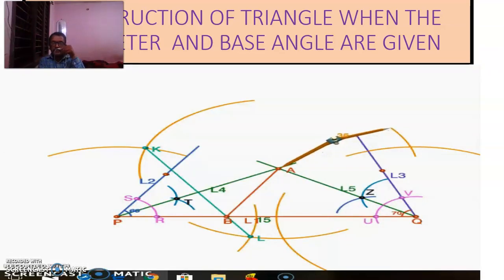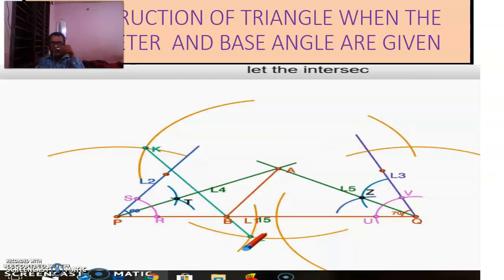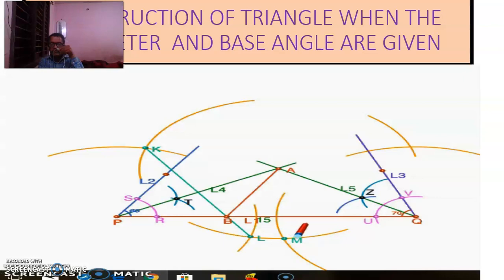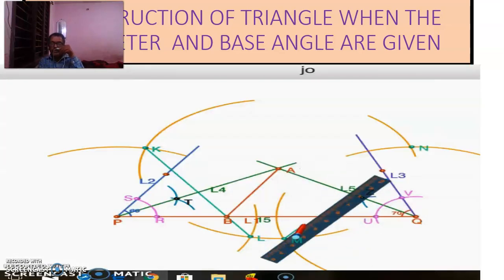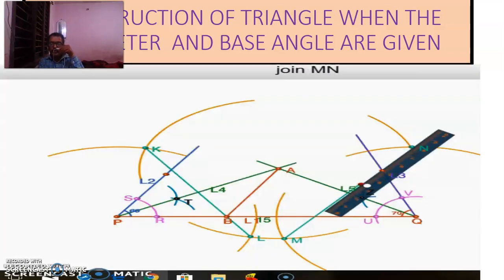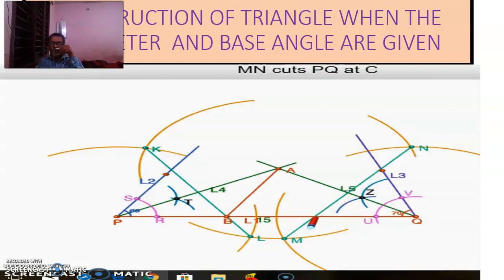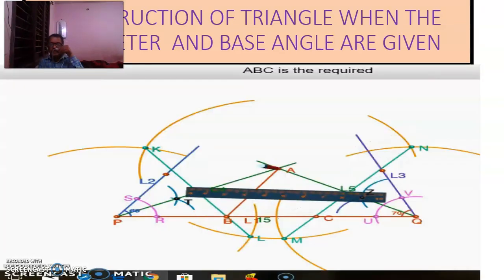Let those points be M and N. Join M and N. It cuts line L1, that is PQ, at a point. That point is C. Join AC.